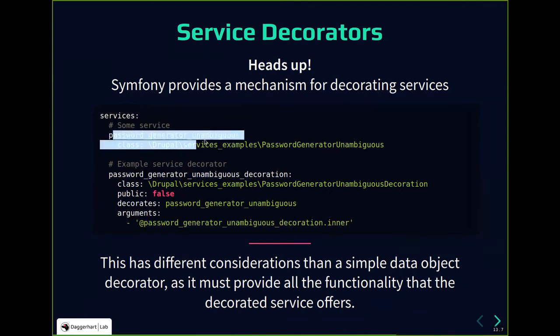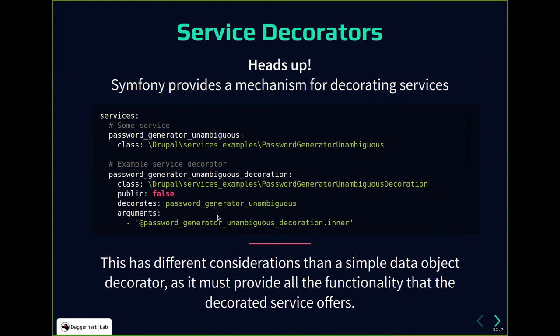Symfony loads this service. It finds this first one. It finds everything that's registered to decorate that service. And then it performs that action of instantiating a new copy of this by passing the first one into it. So what you get back from requesting this original service is actually the decoration, this second service.